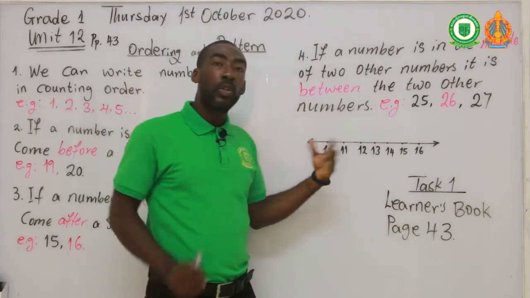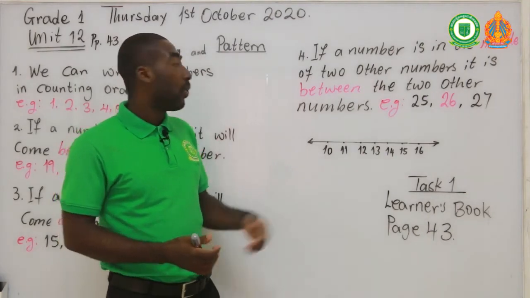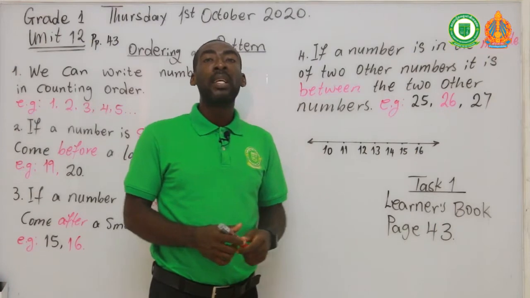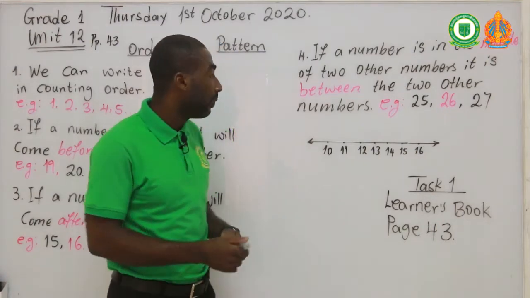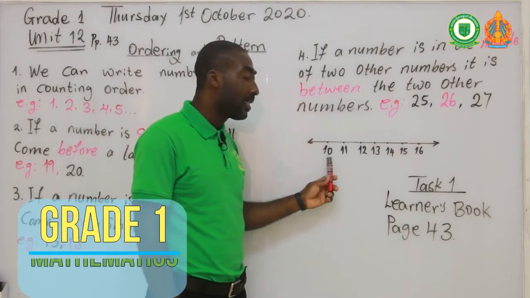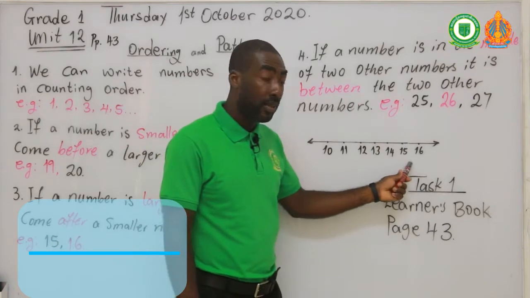You can also look through your number line to help you understand which number is the smallest, which one is the largest, and which one is in the middle, okay? So we can say that 10 is the smallest because it comes before the larger ones, okay?